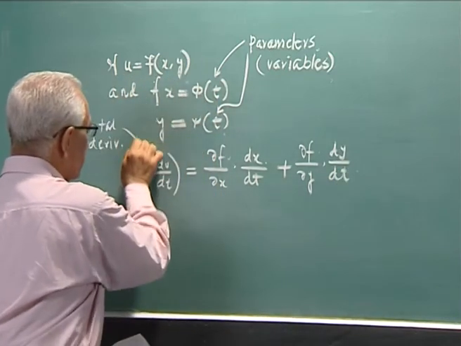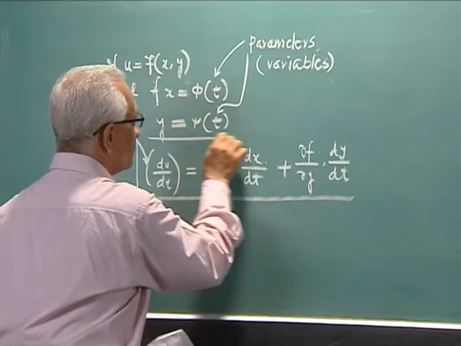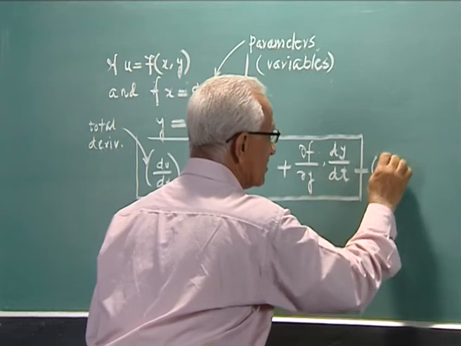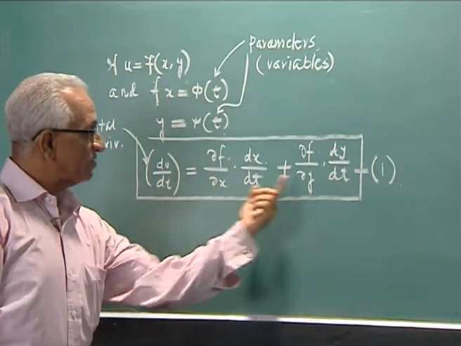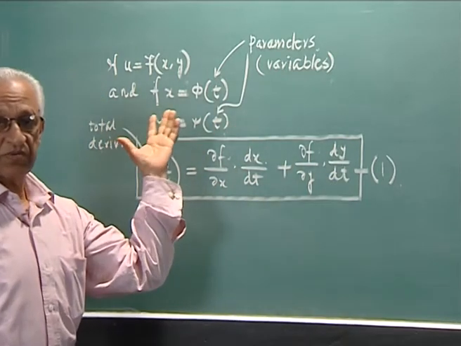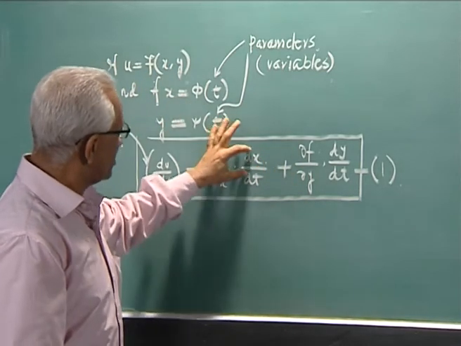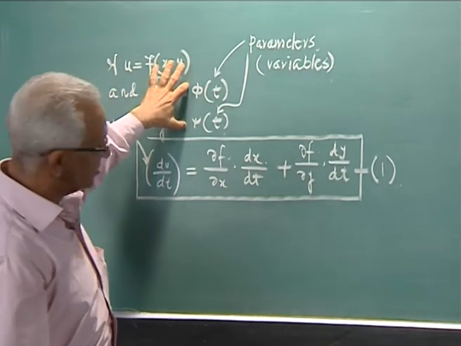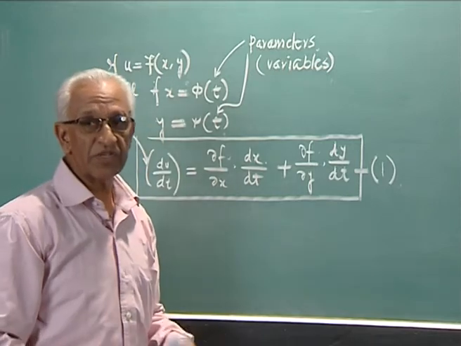This is the first formula that we can have called as a total derivative, and we will be classifying it later on; we will call it equation 1. The partial derivatives are involved in these two, and dx/dt and dy/dt, as you know, we call it the total derivative. This dx/dt and dy/dt will be evaluated from these two equations, and the partial will be calculated from this equation.